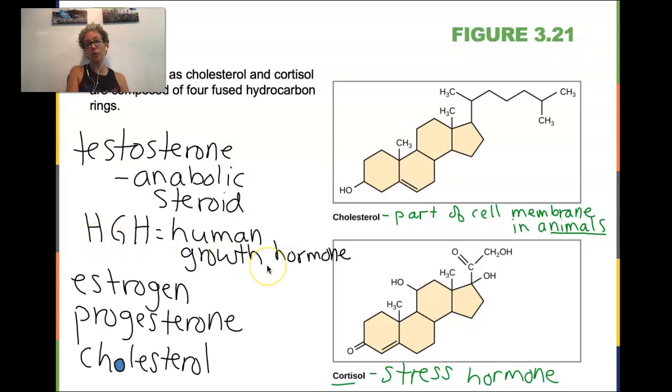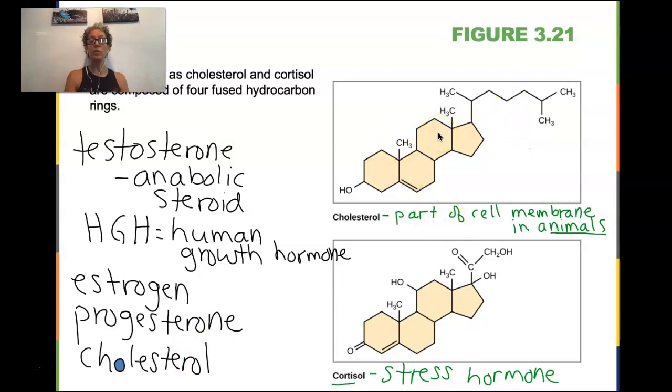HGH is human growth hormone, again in all humans. Estrogen, higher levels in XX individuals and lower in XY, but present in all humans. Progesterone is a hormone that helps to maintain pregnancy, and we saw cholesterol, which is part of our cell membranes.